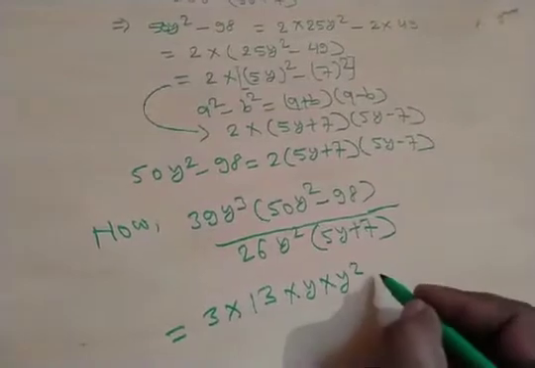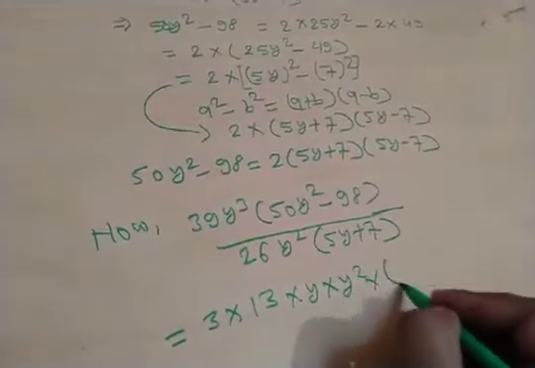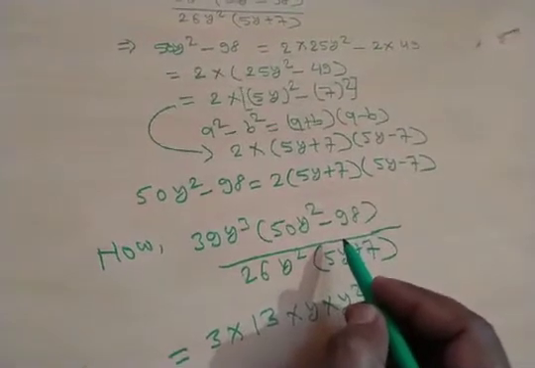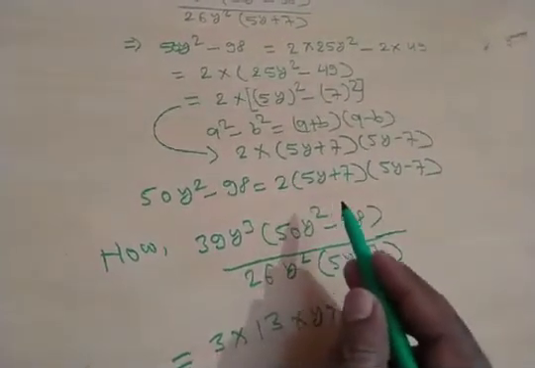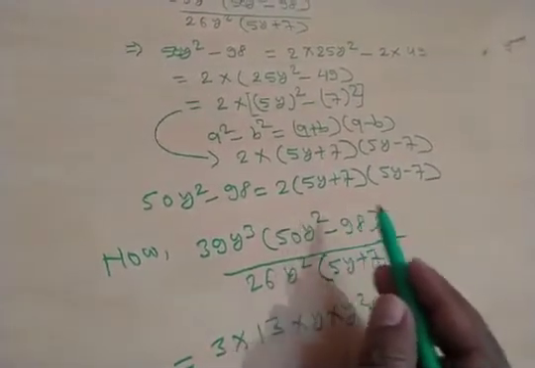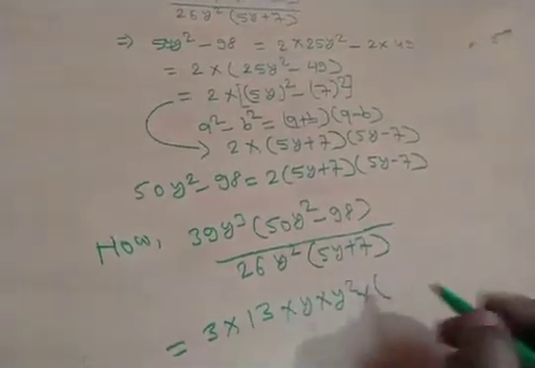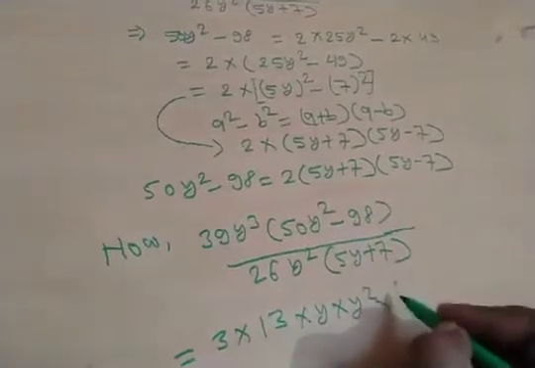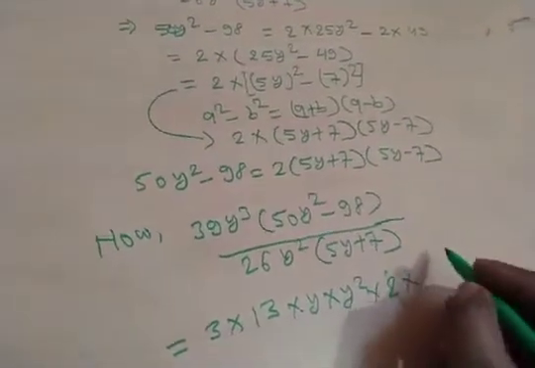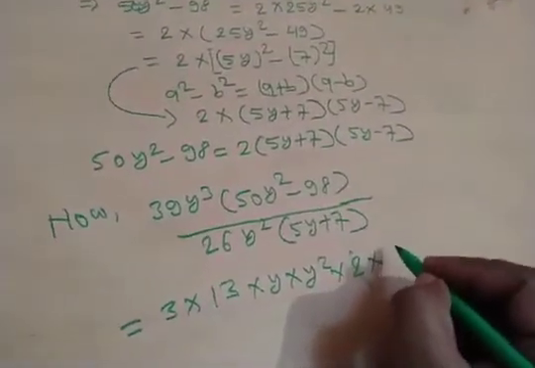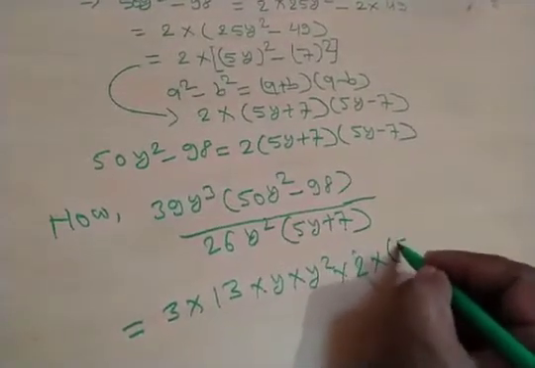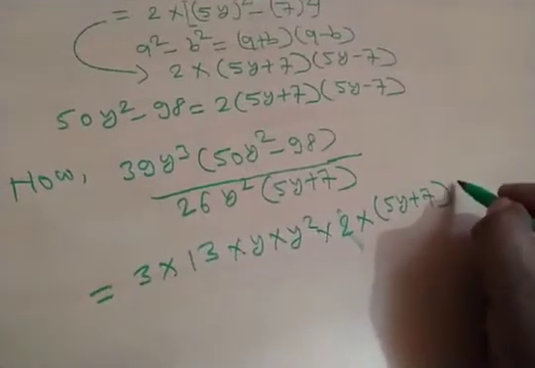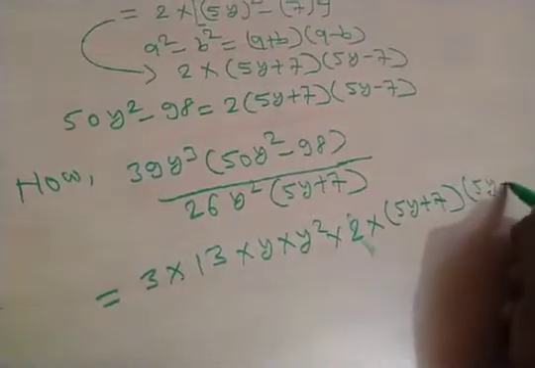Into 50y square minus 98, we factorize it and we obtain 2 into 5y plus 7 into 5y minus 7.